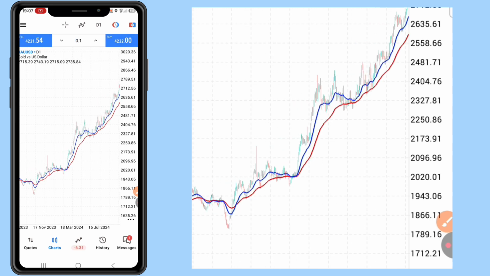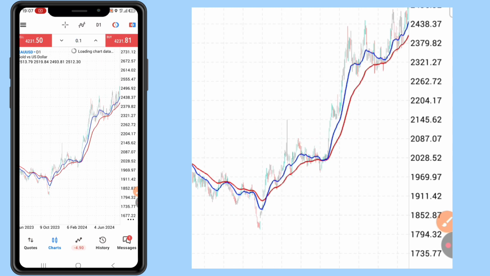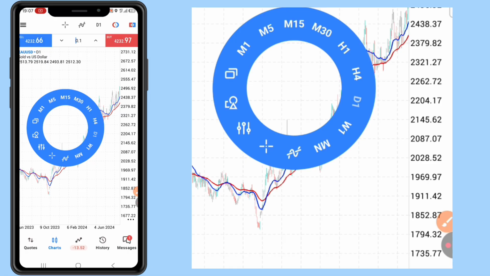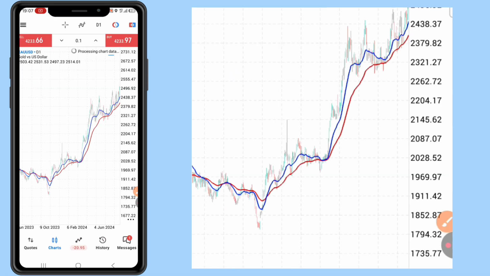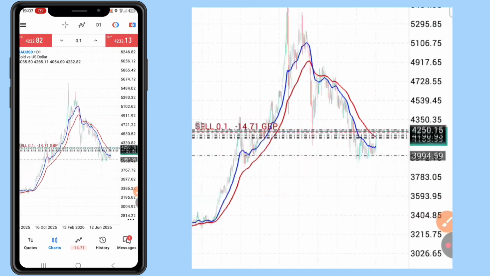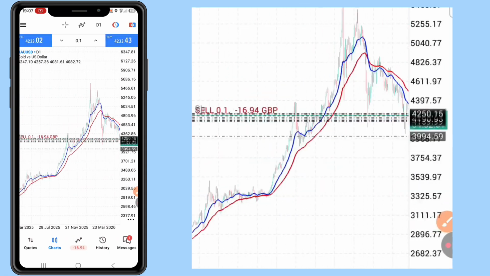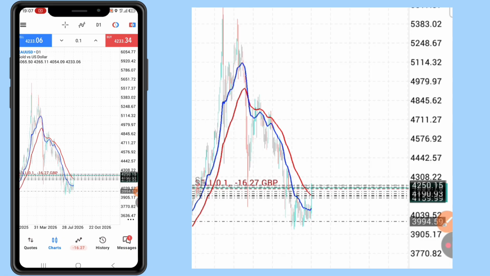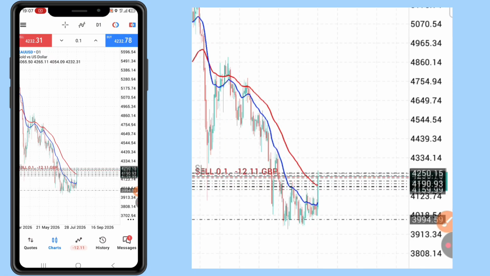If you look at this, this was a support zone, and it is actually down right there. So it is possible that these guys can sell and still make money. But where will the market go?